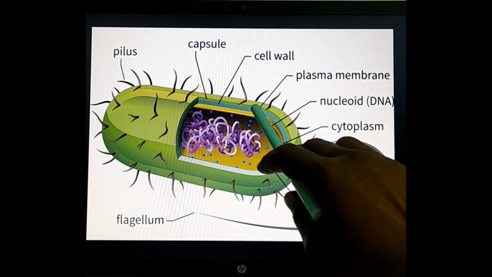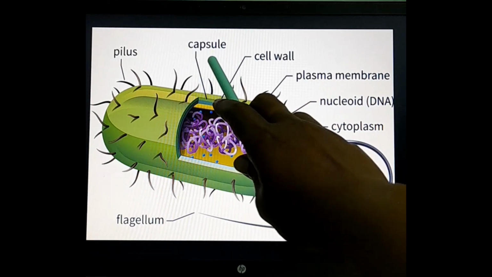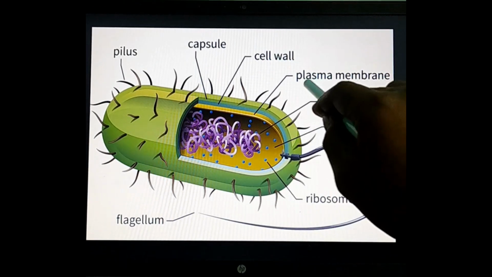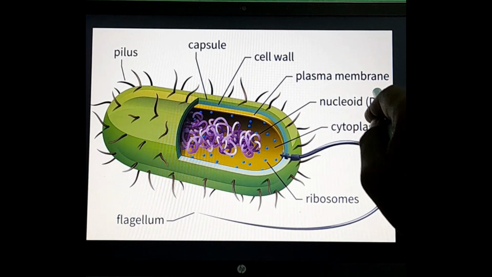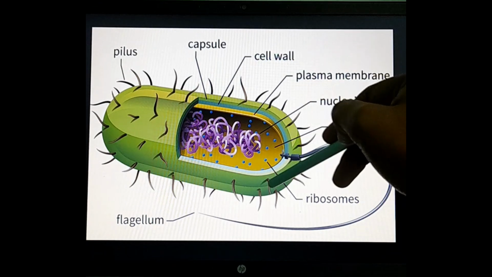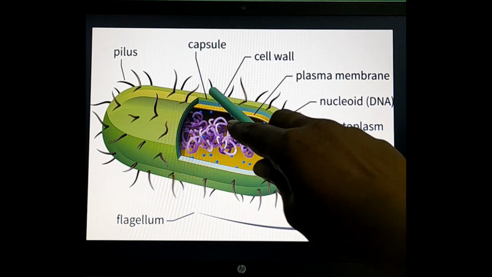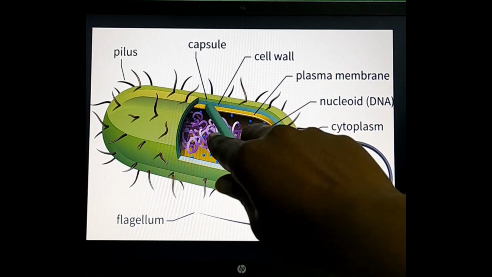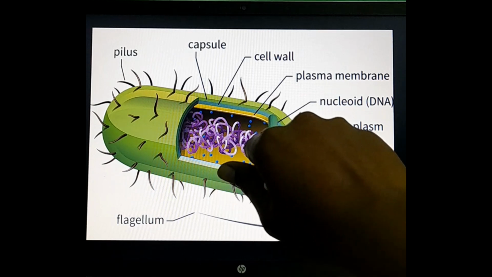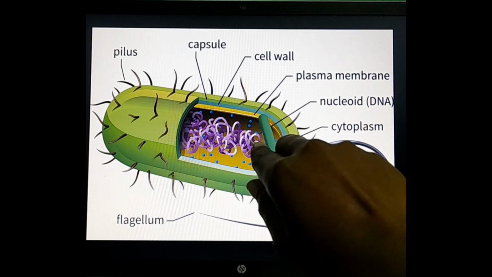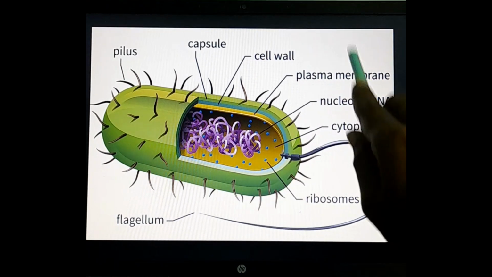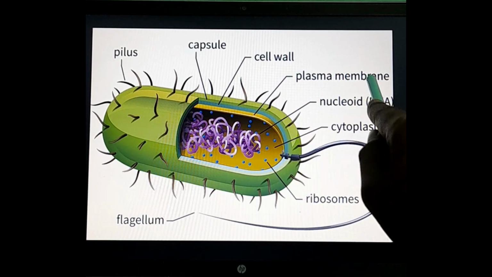So they have three protections. One is the capsule, second is the cell wall, and the third one is the plasma membrane. If I say from outside to inside, the outer green color is called the capsule. Then see the blue color, that is the cell wall, and the yellowish color is called the plasma membrane. That means it has three layers.